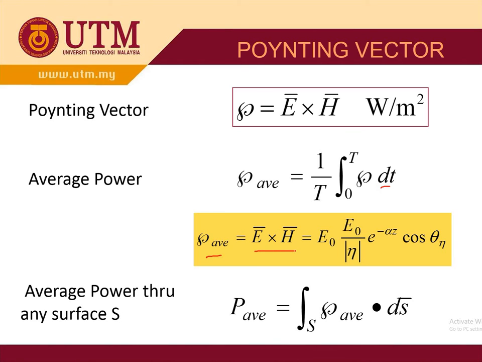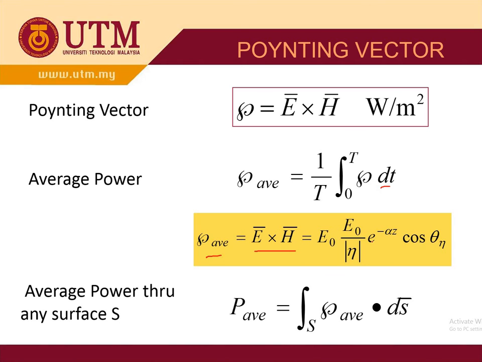And the average power you find is actually the cross between E and H, then it is E naught over the intrinsic impedance. Okay, how do you obtain this E naught? You know, right, the interaction between H naught, E naught, and the intrinsic impedance that we discussed in the previous four media. That's why you can see it like a double here.